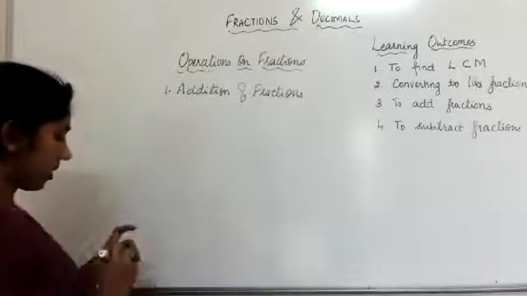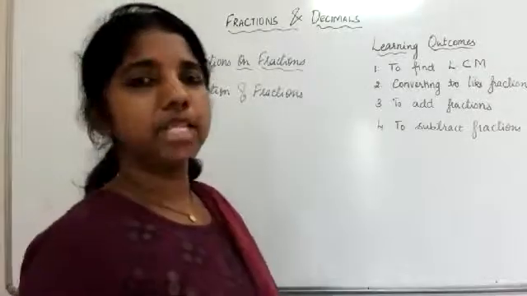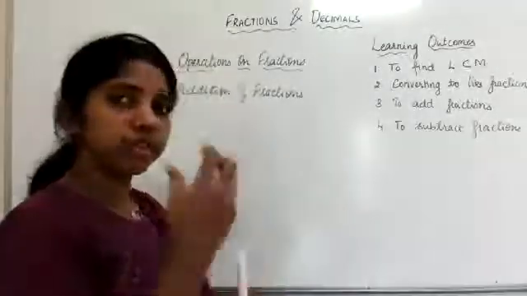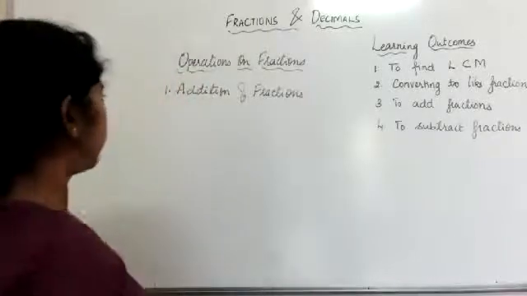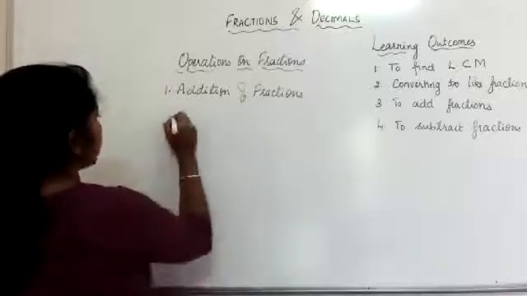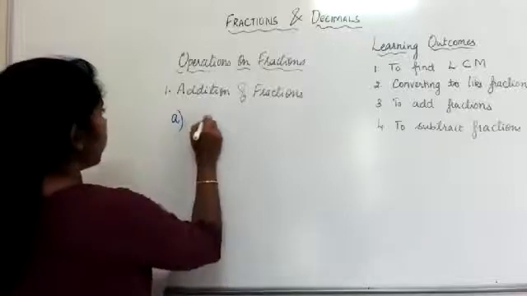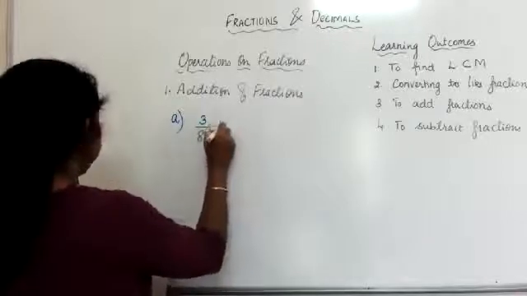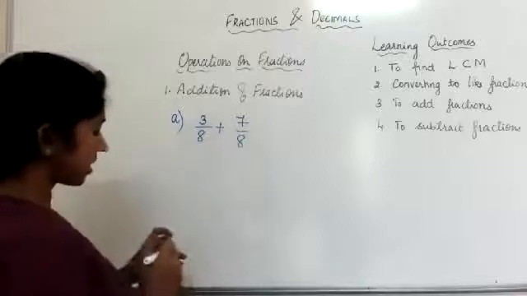There are three different types of adding, meaning different ways the numbers you obtain, and accordingly you have to add. So let me write one example. The first one: 3 by 8 plus 7 by 8. These two are the fractions given.